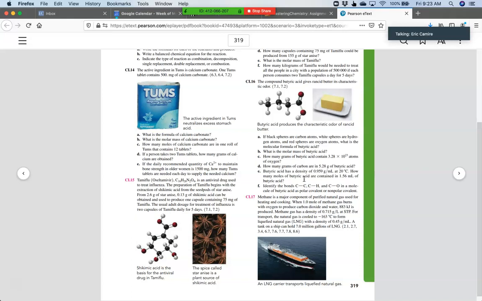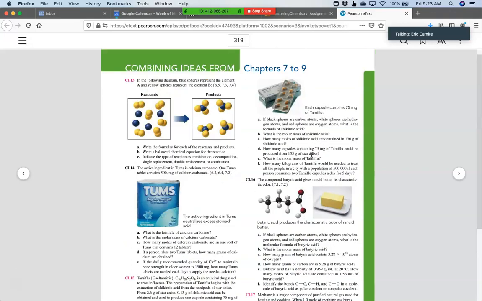So 1 capsule contains 75 mg of Tamiflu. It says the usual adult usage for treatment is 2 capsules per day for 5 days. And then it gives us a bunch of questions to answer.